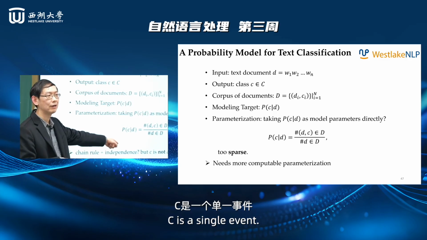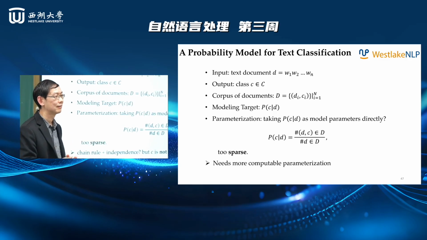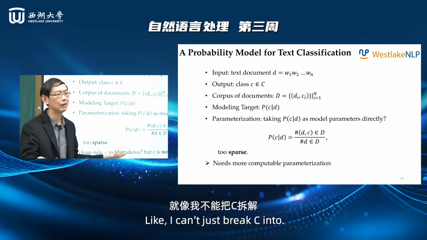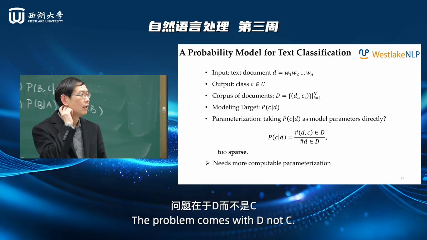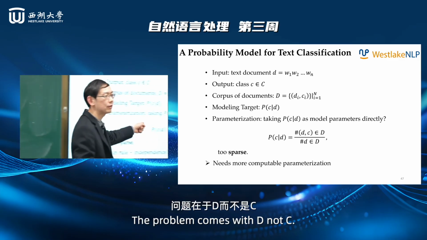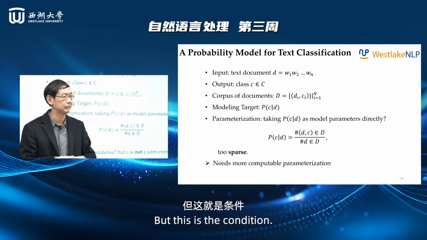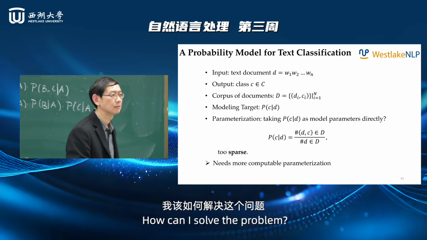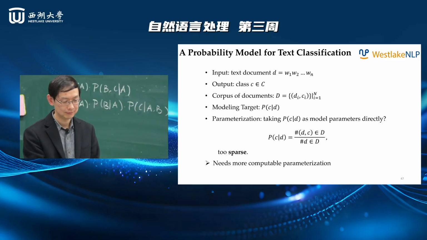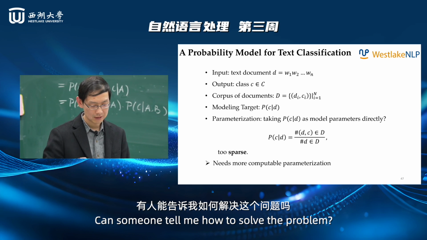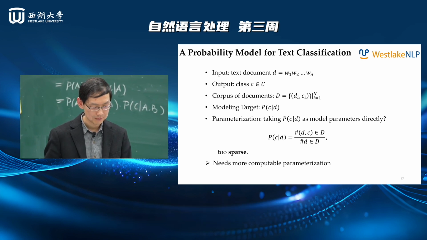C is a single event. I can't just break C. The problem comes with D, not C, right? But D is the condition. How can I solve the problem? Can someone tell me how to solve the problem?